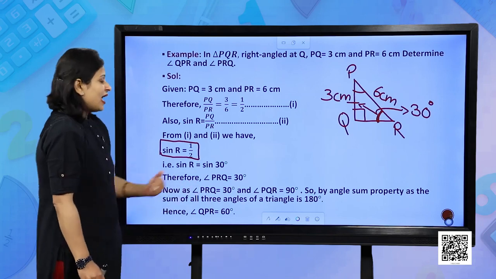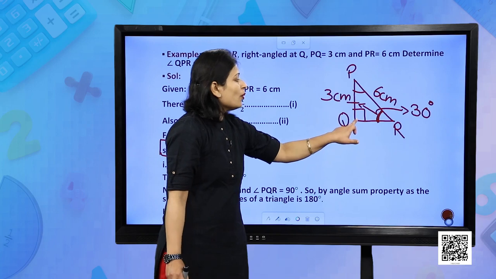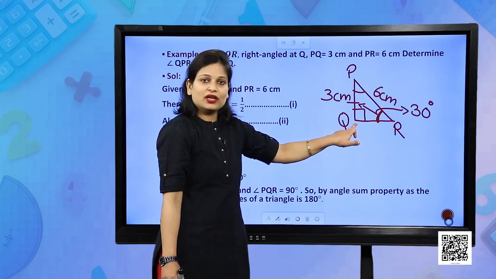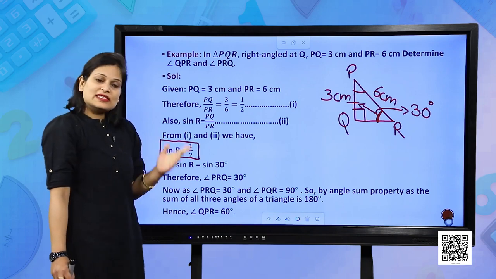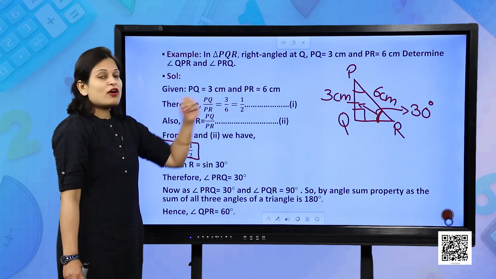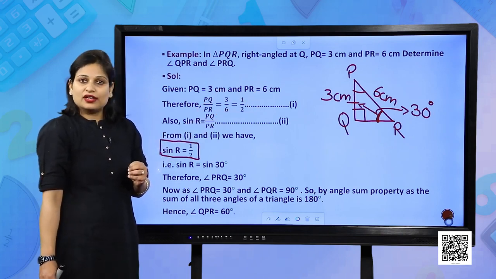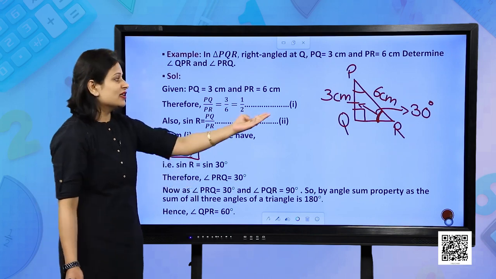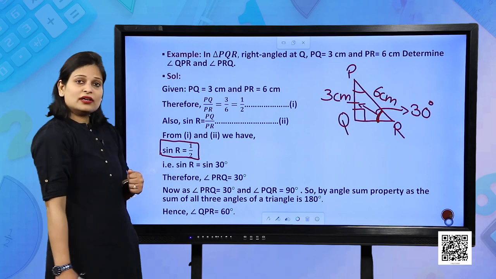Now, as angle PRQ is 30 and you know angle Q is 90 degree, can you calculate angle QPR? Just simply apply the angle sum property which says the sum of all three angles of a triangle is 180 degree. You know the two angles, one is 30 degree, one is 90 degree. Then what about the third angle?